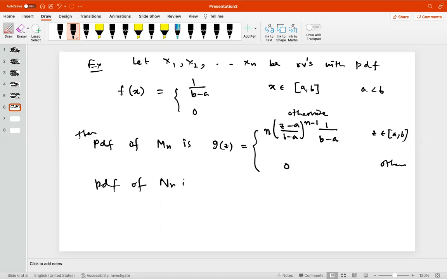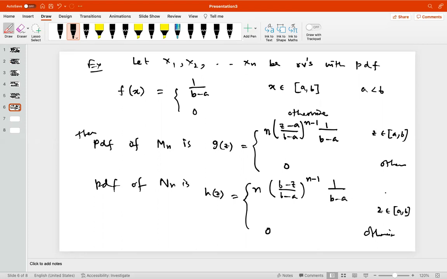And the PDF of Nn is hz. Again, this is 0 otherwise, and for z in a to b, what is the value? You can easily check again that it will be n into b minus z by b minus a whole to the power n minus 1, and then 1 by b minus a, the density function.